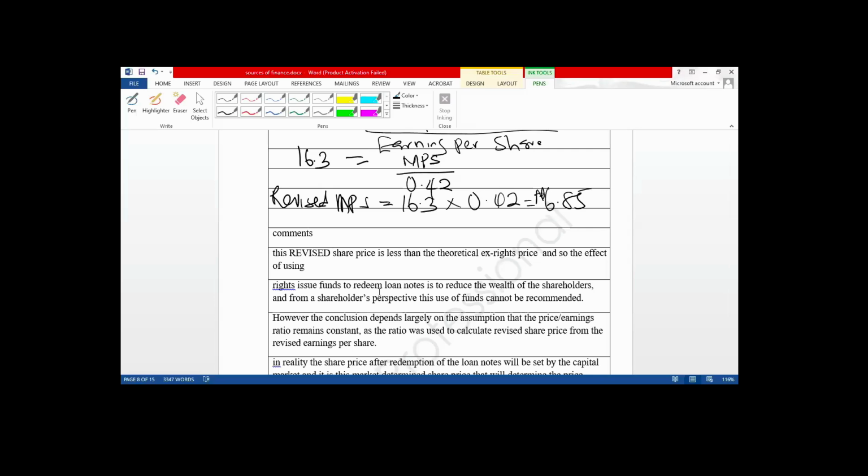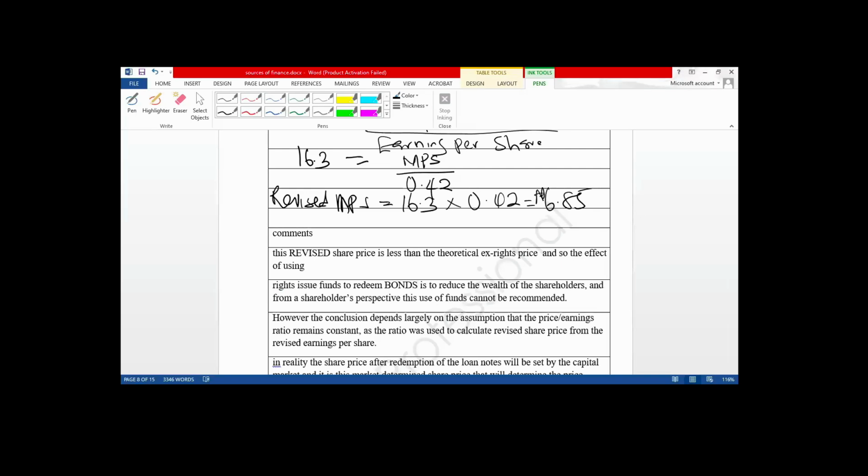So the effect of using right issue funds to redeem the bond, some might get confused. It's also bond. Loan is also called bond. To redeem the bond is to reduce the wealth of the shareholders.